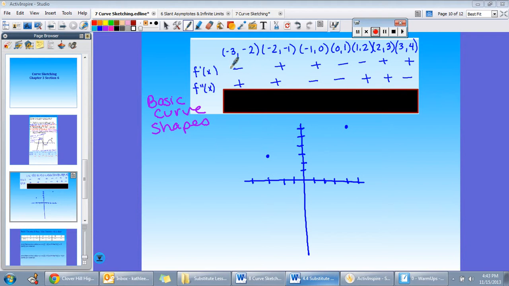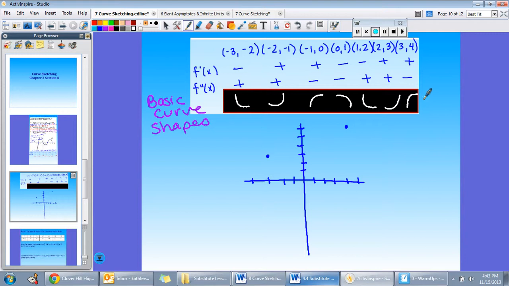When the function has negative slope, or it's decreasing and it's concave up, it's going to look like this. When it's increasing and concave up, it looks like that. Increasing concave down, decreasing concave down, decreasing concave up, increasing concave up, and increasing concave down.